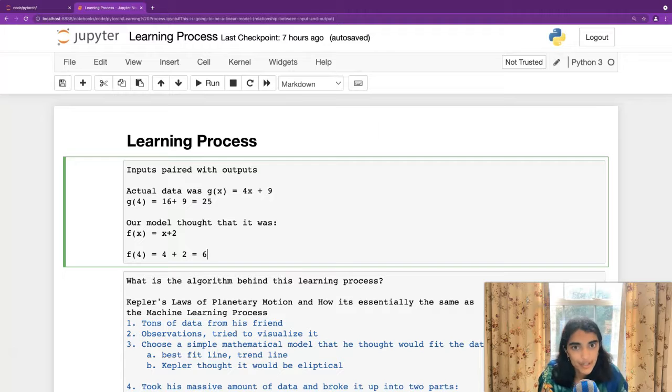So we're going to adjust our parameters again. So thinking back to our best fit line, maybe that will put things into perspective. We start off with a line that doesn't at all represent our data, and we're trying to find the best slope and the best y-intercept that will model that data as accurately as it can.